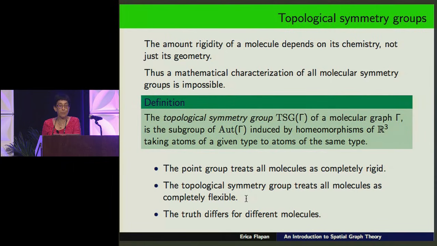We're looking at a molecular graph, so you want carbons to go to carbons. So what you should realize is the point group acts like all molecules are completely rigid, which they're not. The topological symmetry group treats all molecules as completely flexible, which they're not. The truth is somewhere in between, and it depends on the molecule.